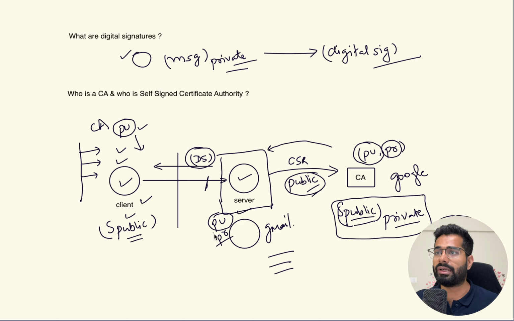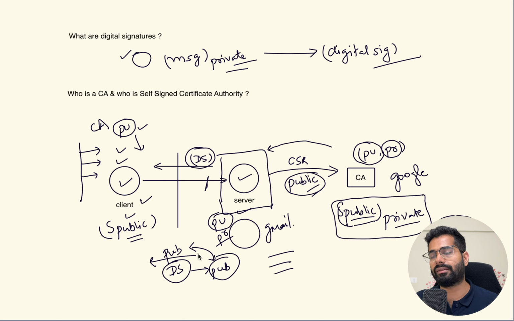So the server will send its public key as well as the digital signature, and using the certificate authority's public key, the client will decrypt the signature. It will try to match, the same thing that we did in the previous slide, and since it matches, it now has your public key.